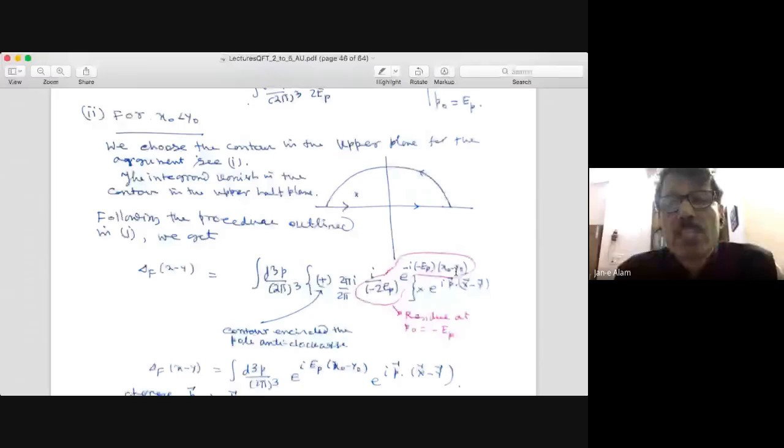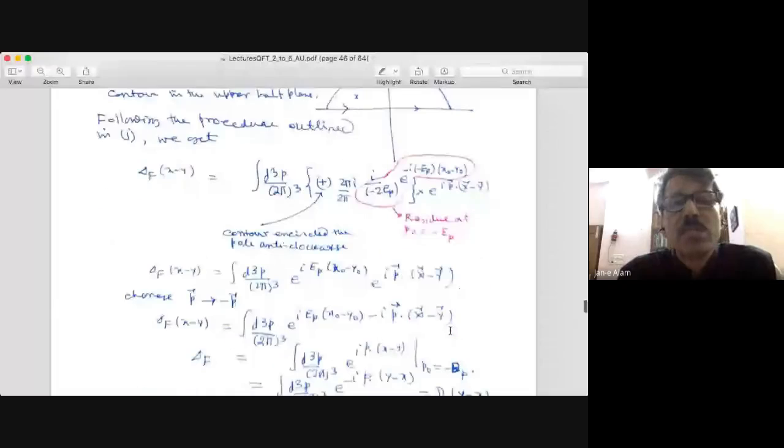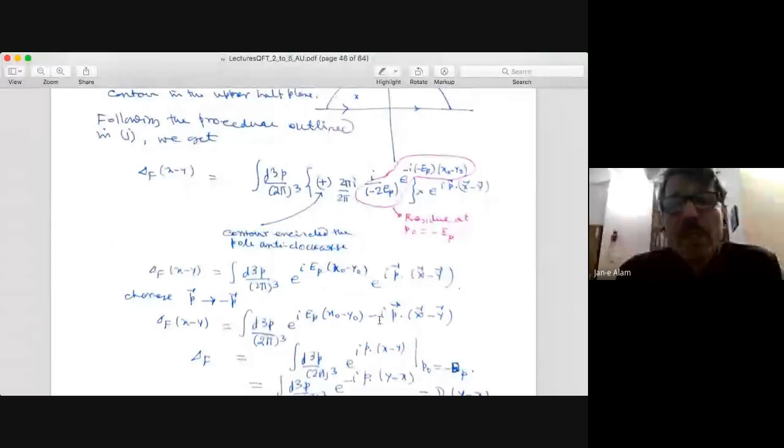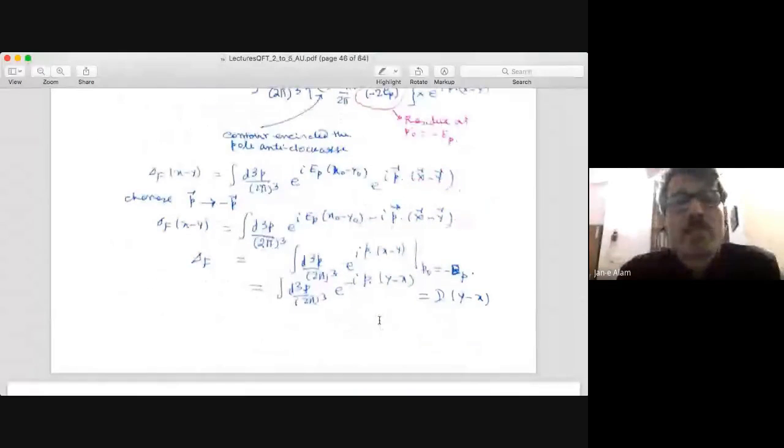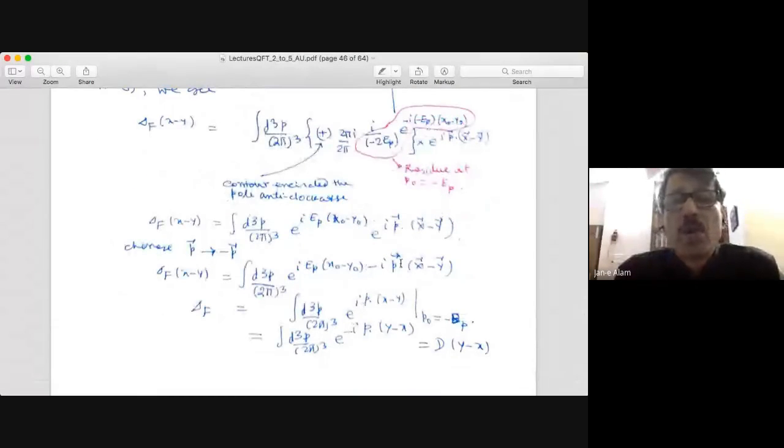So as it is written clearly, this is the value of the residue, and then you get D_F(x minus y) in this particular fashion, and you can combine them. Here again you have to combine them, and what you can see is that I can again write this as e to the i Ep (x0 minus y0), and then you have the 3-vector p into (x minus y) 3-vector.